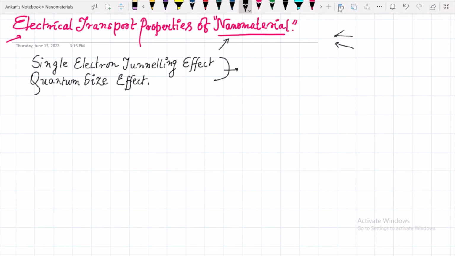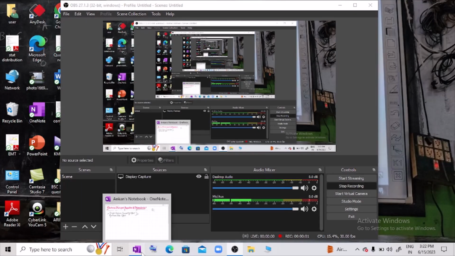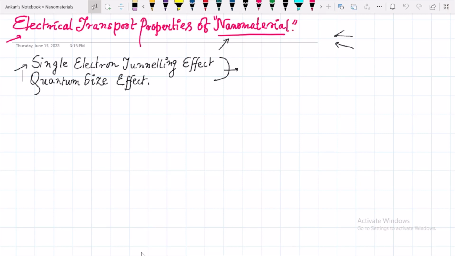Now, while discussing these in quantum sized nanomaterials, many important phenomena have arisen. We first have to know the single electron tunneling effect. In this case, a single electron gets tunneled from one junction to another. Okay, so the single electron tunneling effect means the tunneling of a single electron, from which to which we will discuss.